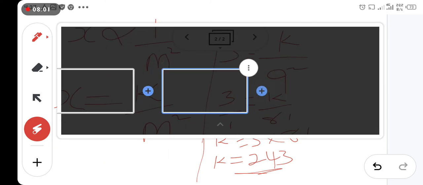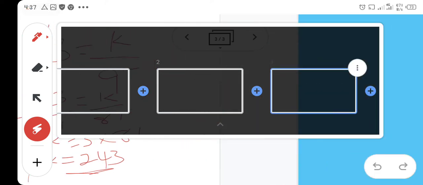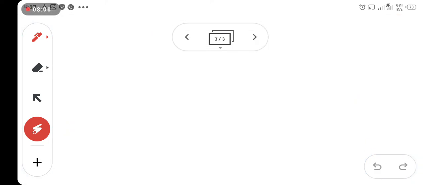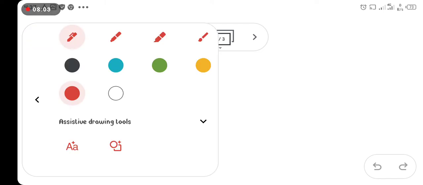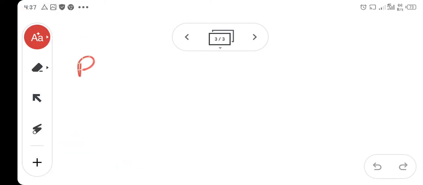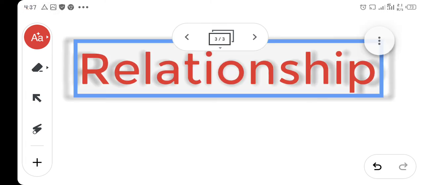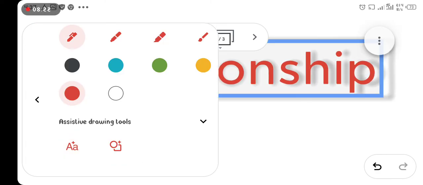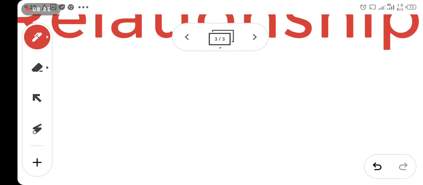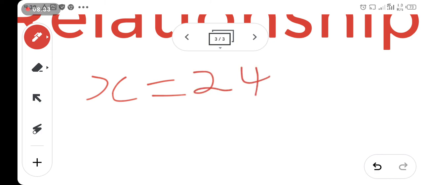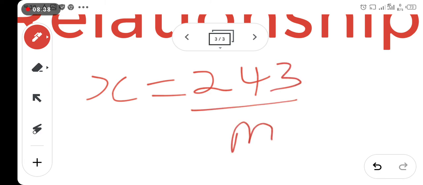So the relationship between x and m squared will be x equals, what's the value of our k again? 243, yes, 243 all over m squared.